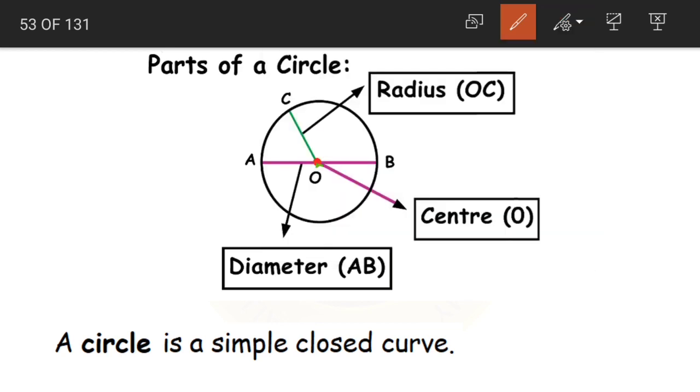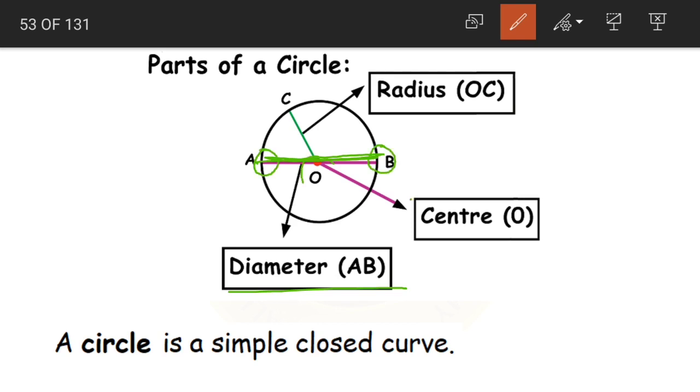Now from O we are drawing a line segment. It is touching our circle at this point, so this point is named C. So our radius becomes the line segment OC. Now coming to diameter, see, this is our diameter from one end to the other end.